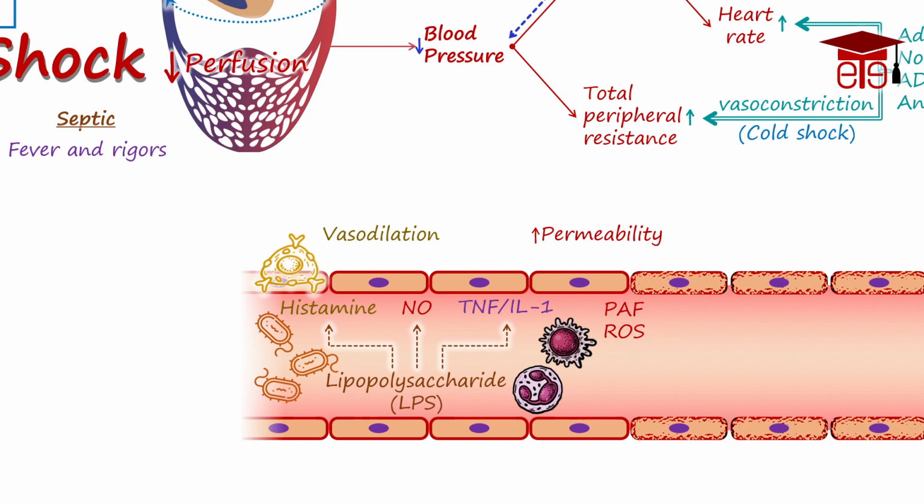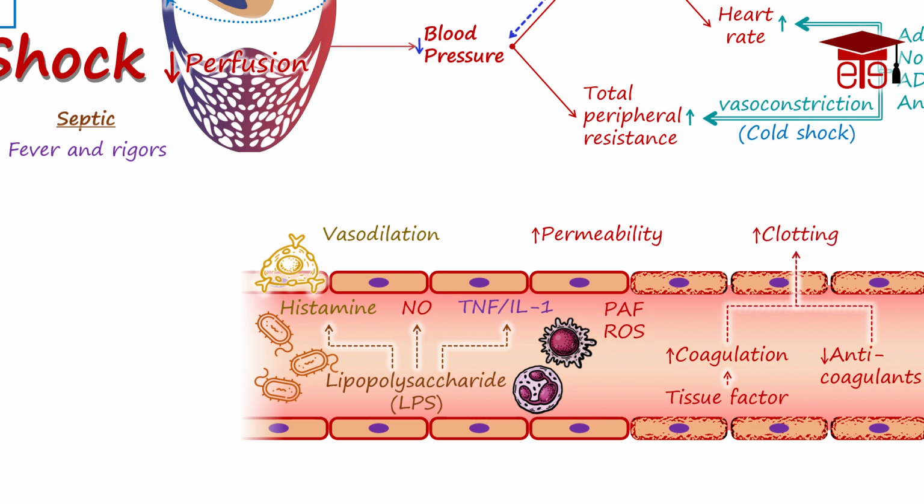The endothelial cells also express a procoagulant called tissue factor, which increases blood coagulation. In addition, anticoagulants seem to be often depleted during sepsis, leading to the net increase in coagulation and clotting in the microvasculature. Clotting in the blood vessel further decreases perfusion.